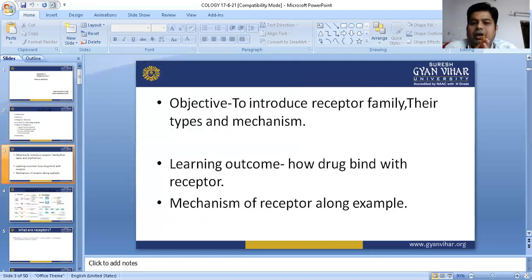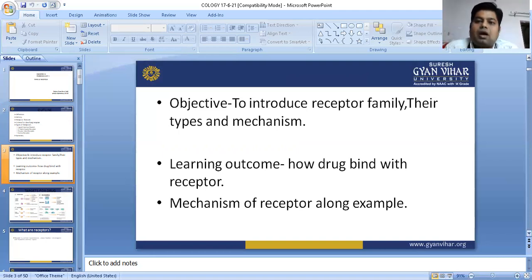What is the objective behind this chapter? To introduce the receptor family, their types, their mechanism, and what kind of learning outcomes, how the drug is going to bind with the receptors, how they are going to select what kind of sites are available at which the drug is going to bind and give the response.